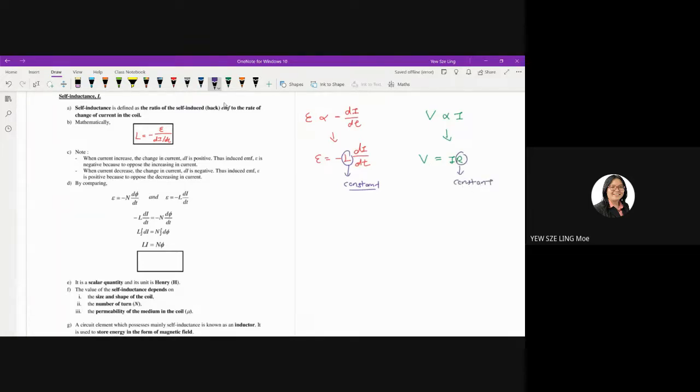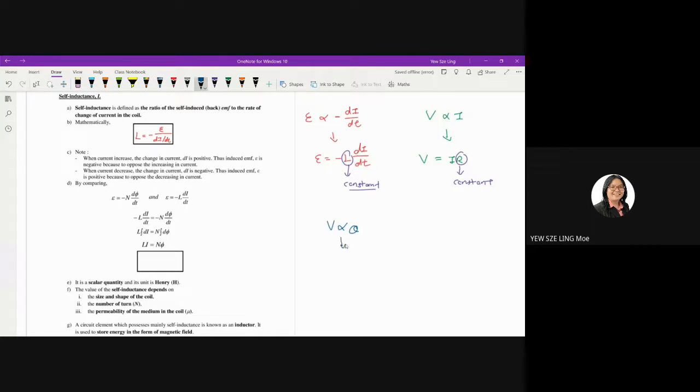In chapter 2, we also have C equals Q over V. Let us start from the relationship. The definition of C is Q over V, meaning that V is proportional to Q. When you have a higher potential difference, it can store more charges.